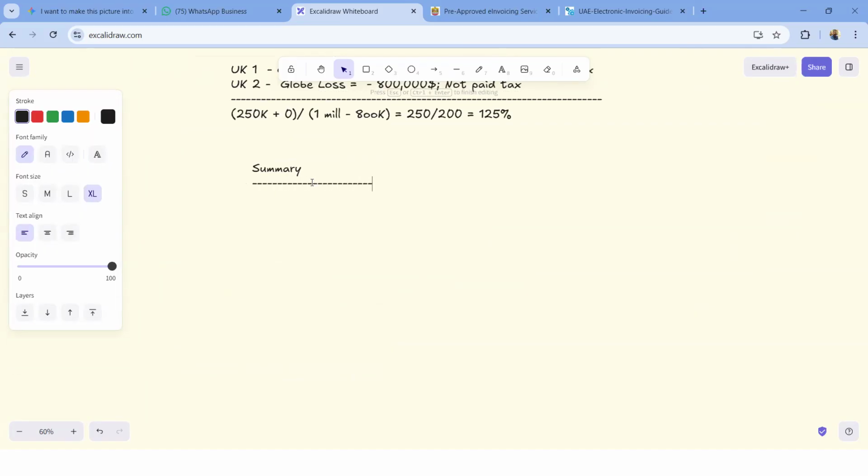First thing is the concept of jurisdictional blending. It's all about the pros and cons, and there is a lot of theory coming in from here.